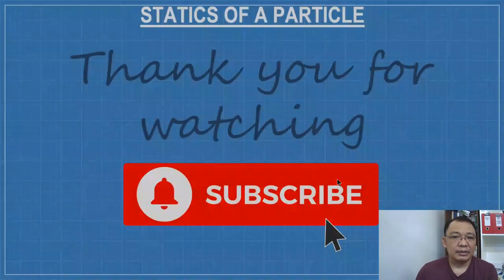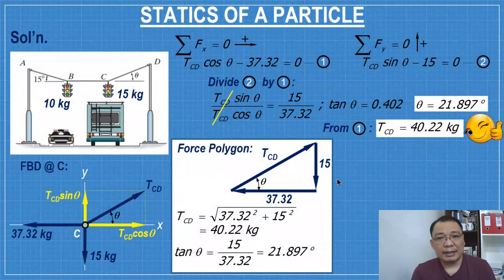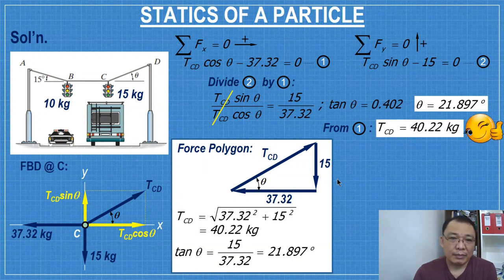Okay. So again, in analyzing equilibrium of a particle, just make sure that all forces are identified. Identify all the forces. You don't miss or omit any force, and you don't add an imaginary force.